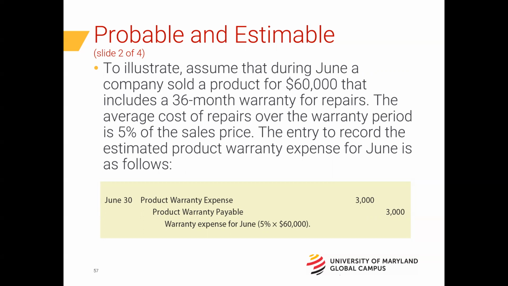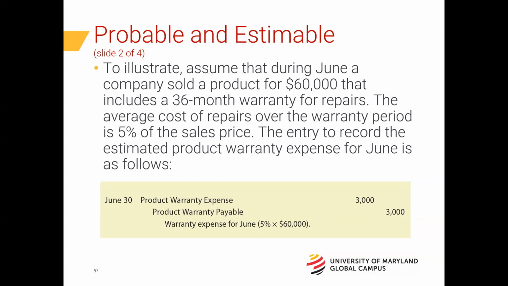And so what companies do is they estimate the probability of a warranty claim. And so typically they'll say, oh, 5% of all of our warranties that we've issued are probable or estimable that we will have to pay out, right?